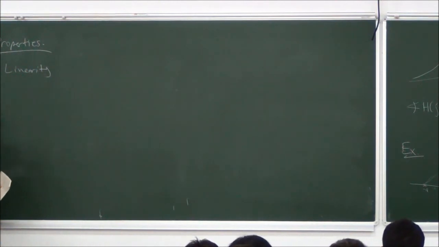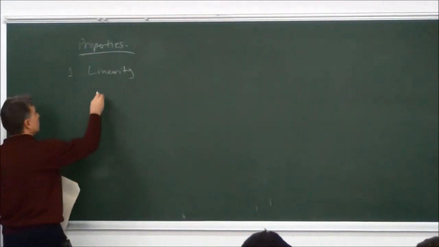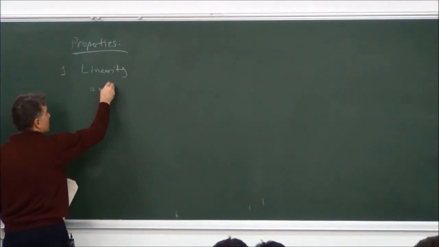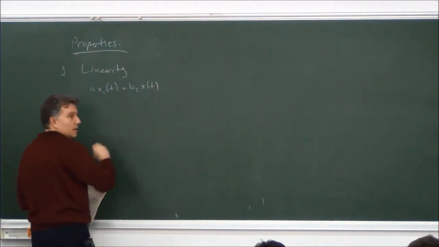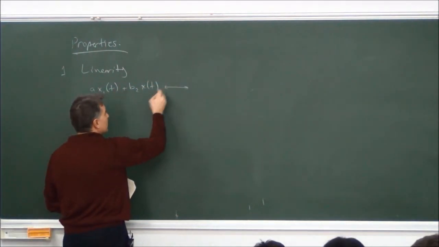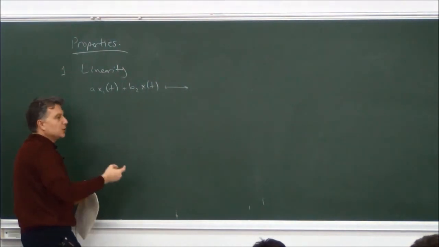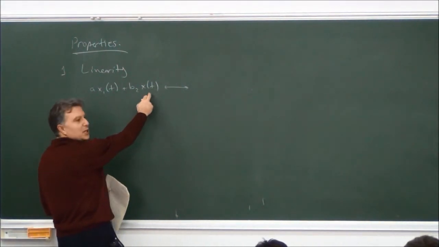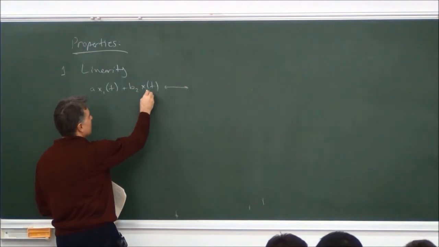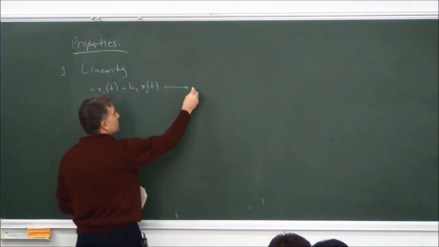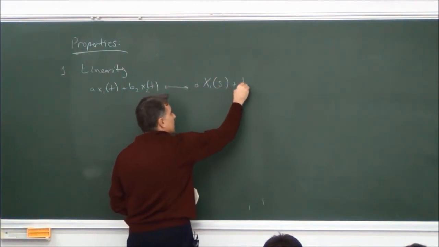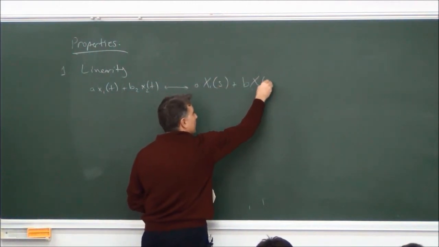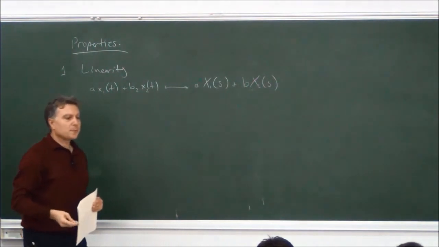As usual, this is a very usual property, and it says that if you have a combination of signals, then the Laplace transform of this combination will be equal to the same combination of the Laplace transforms of these individual signals. This is x1 and then this is x2. So a times X1 of s plus b times X2 of s will be the Laplace transform.